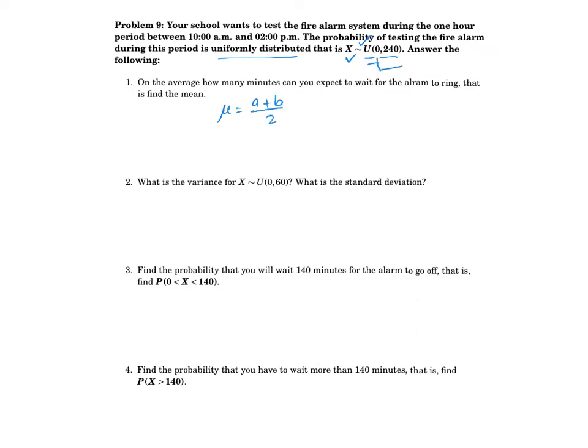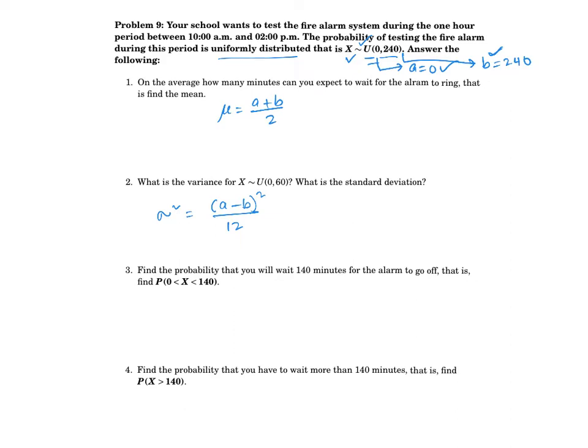A is 0 and b is 240, and you can do the calculation. What is the variance? Remember, sigma squared is a minus b whole squared over 12. You have a and b, and you can do the calculation.